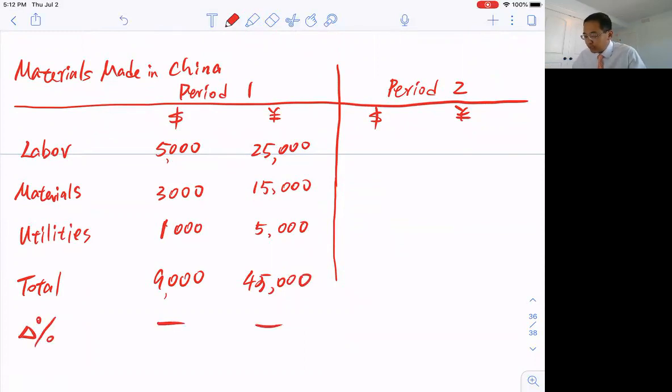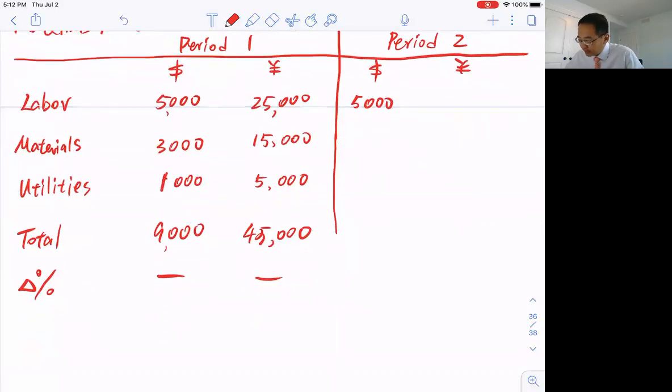In period 2, again, the dollar appreciates by 100%. So that means labor, which is denoted in dollars, is still 5,000, but then again, the yuan equivalent increases to 50,000. And materials now, because materials are made in China, the dollar appreciation doesn't impact the cost in China.